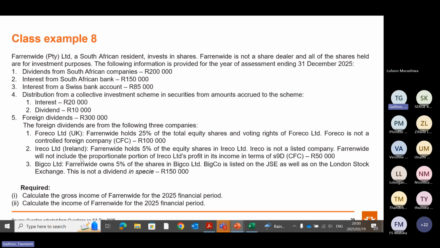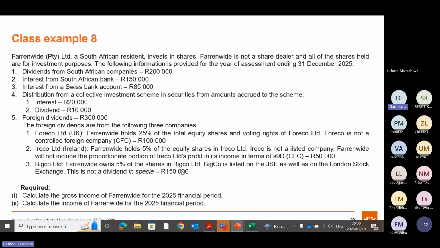Fair and Wide will not include the proportionate share of their profits in the income in terms of Section 90 or CFC rules. Then Bigco, Fair and Wide owns 5% of the shares in Bigco. Bigco is listed on the JSE as well as the London Stock Exchange, so it's a dual listed company, and it's not a dividend in specie of 150,000, which means they got the money in cash.